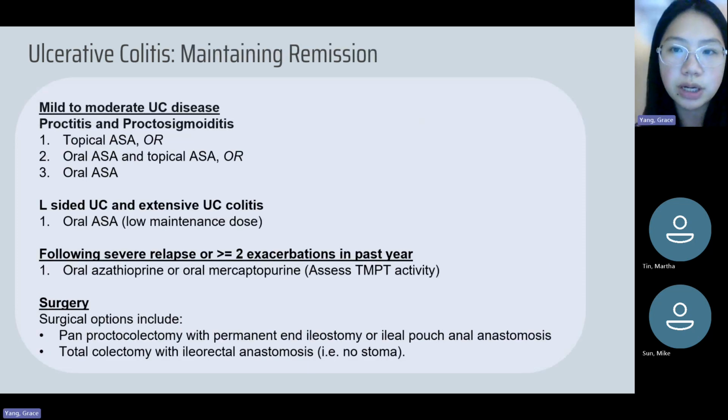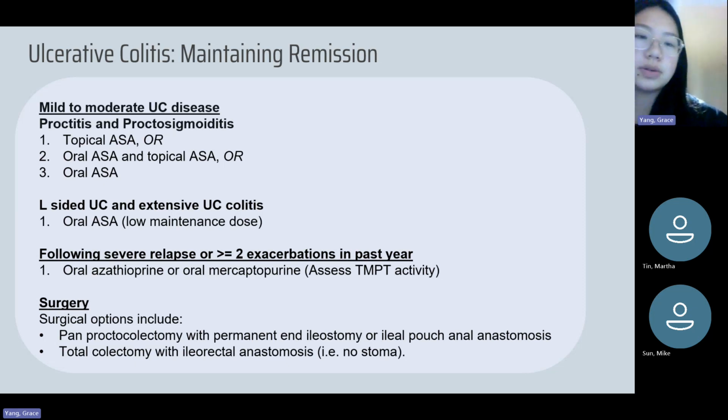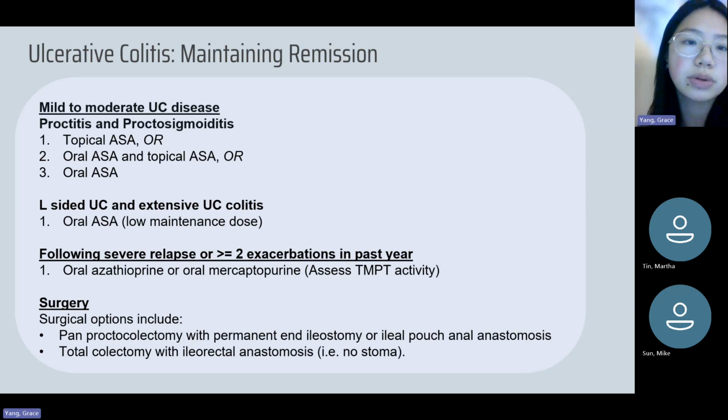And once you've managed to get them into remission, then you try and maintain this by, again, using treatment depending on where the flare-up is. So if it's proctitis and proctosigmoiditis, then you give them topical ASA or oral ASA and topical, or just oral.